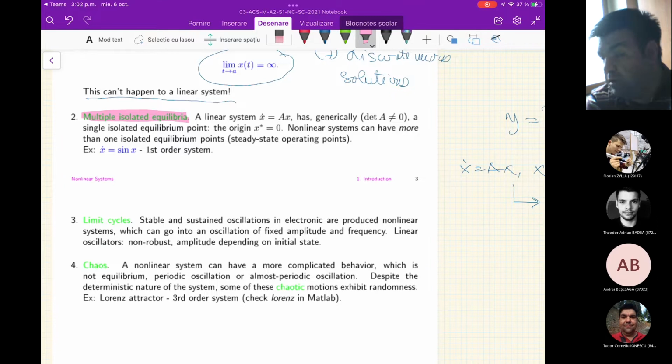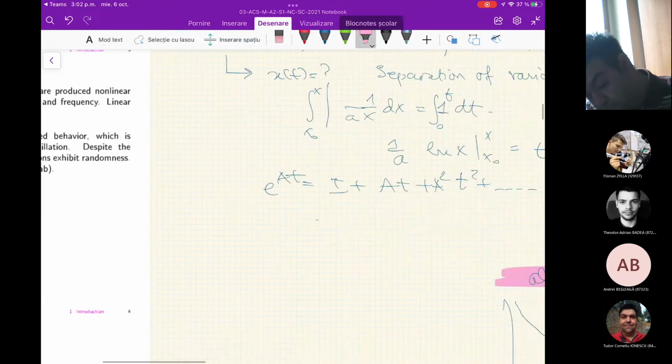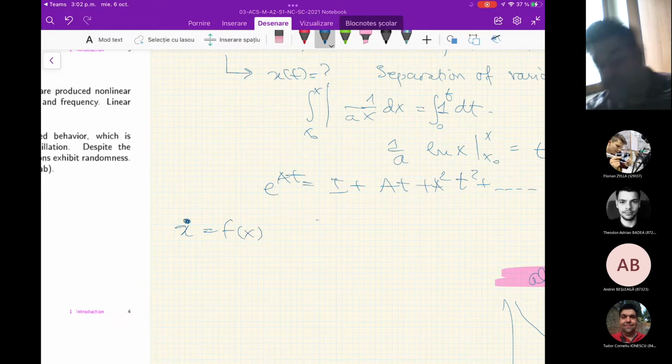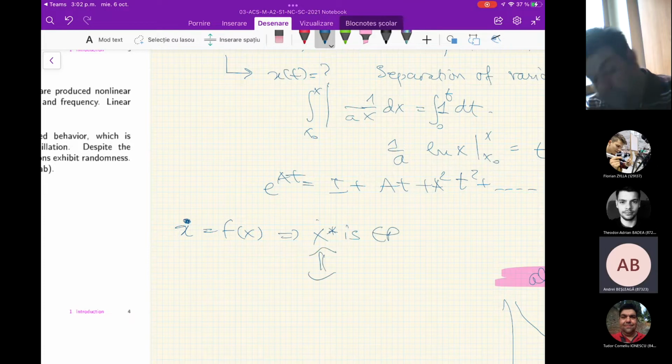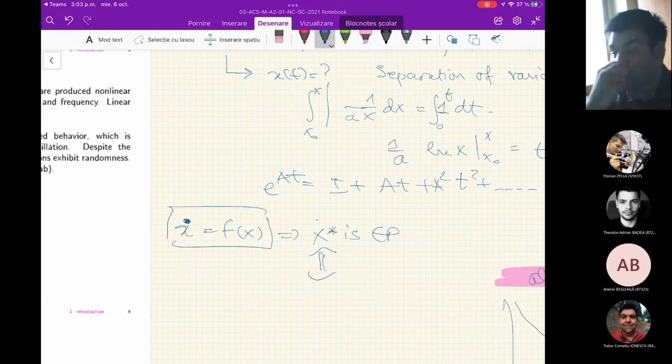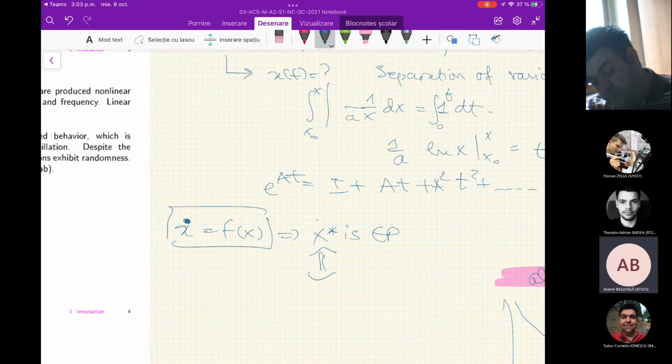What first of all is an equilibrium? If we have the nonlinear system x dot is f(x), what is an equilibrium point? X star is an equilibrium point of this equation if and only if that derivative is 0.